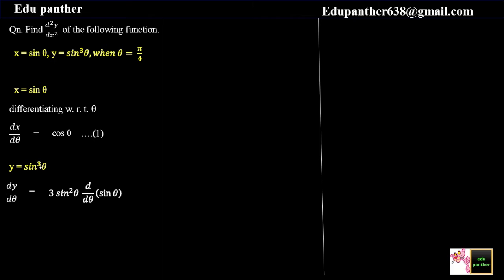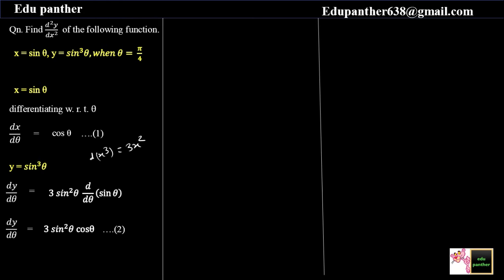So derivative of 3 means derivative of x cube. So derivative of x cube is 3x square. So that will give us 3 sine square theta into derivative of this sine theta. So simplified, 3 sine square theta, derivative of sine theta is cos theta. So this is our dy by d theta. Suppose this is equation number 2.